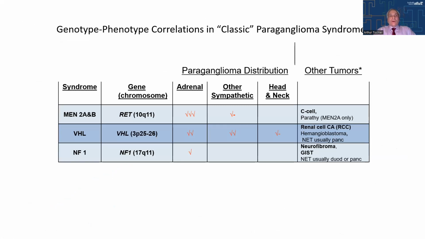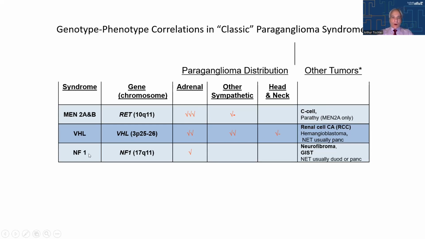We're very familiar with the genotype-phenotype correlations in classic paraganglioma syndromes. For example, with MEN2B and RET mutations, we have almost exclusively adrenal tumors, and these may be associated with medullary thyroid carcinoma and parathyroid hyperplasia or neoplasia.